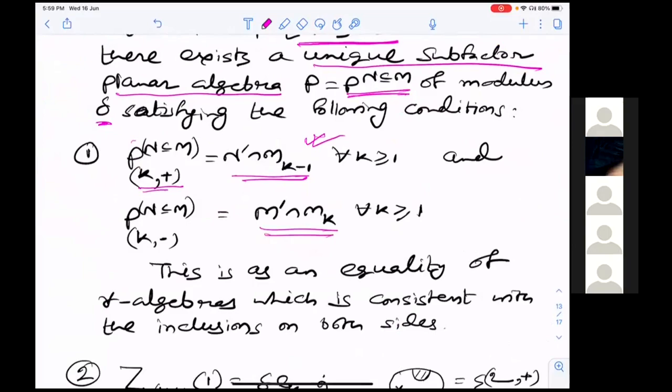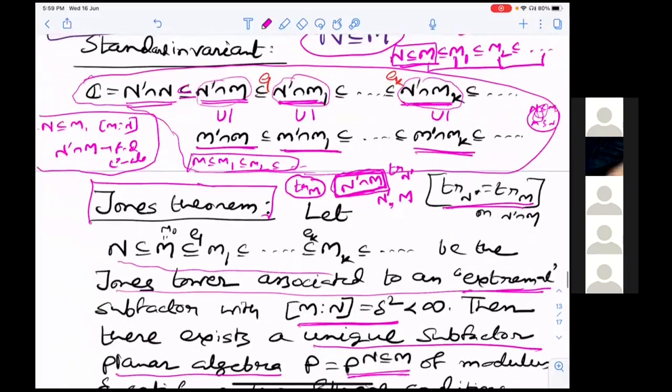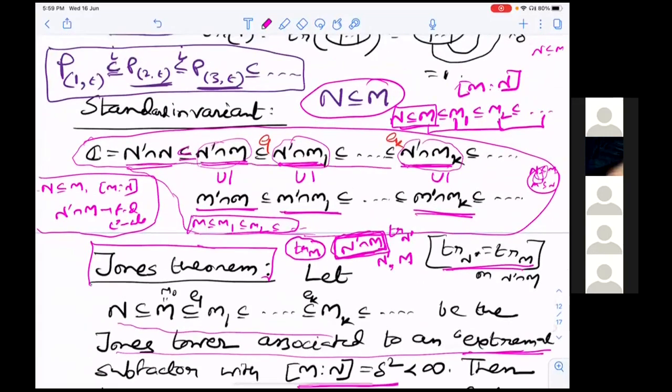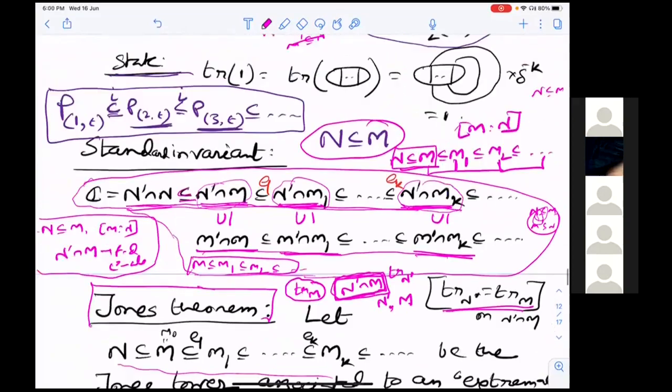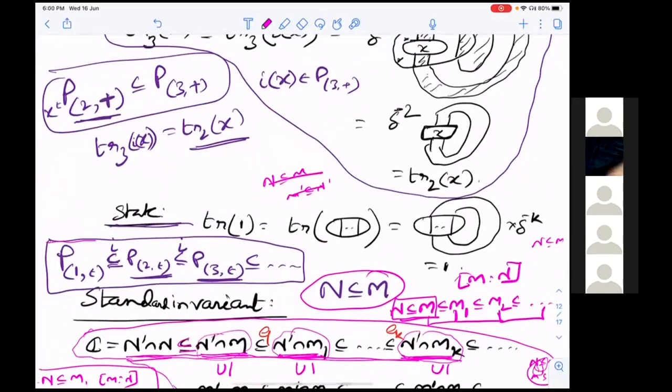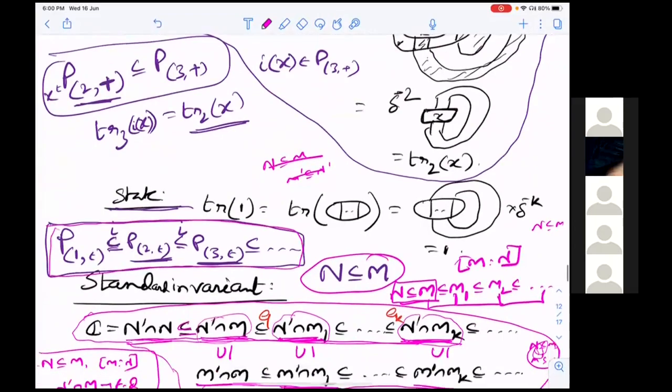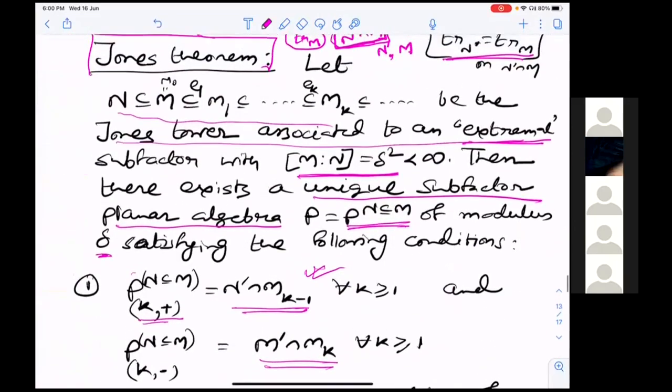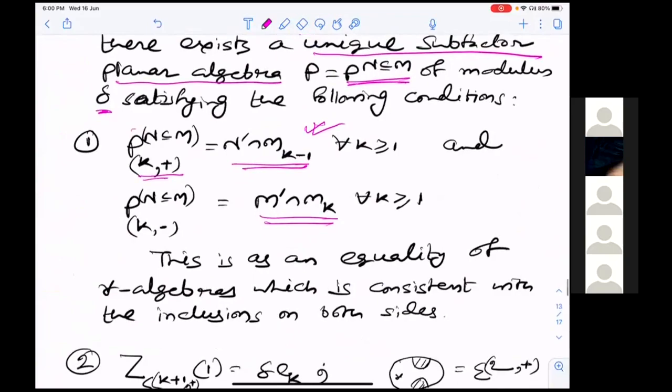And not only that, we have seen here these inclusions, set theoretic inclusions, and also in the lower grid. But we have inclusions by the pictorial inclusion tangle of the planar algebra also. So this Jones theorem is saying that this inclusion will also be consistent.